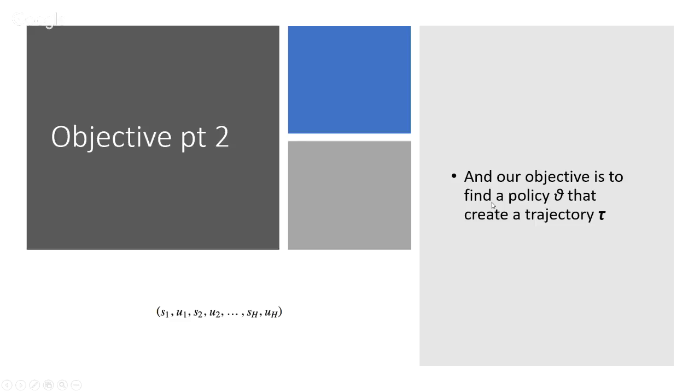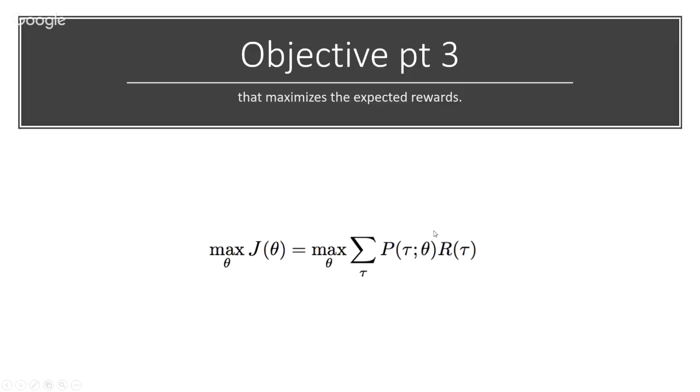Our objective is to find a policy that creates an optimal trajectory. So basically, we maximize the expected reward, as you can see, based on that trajectory, given the policy.